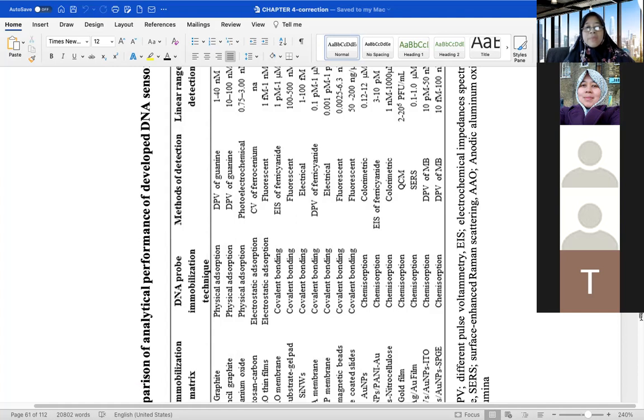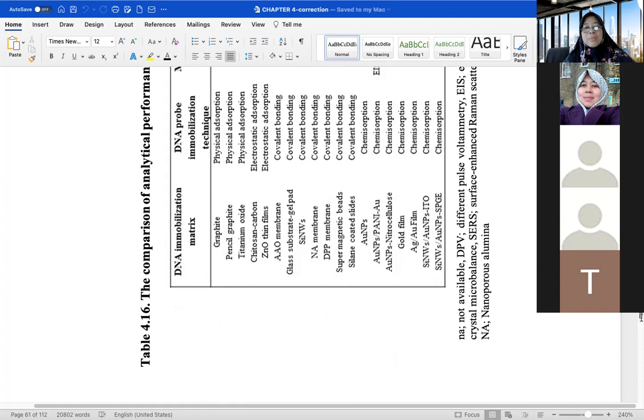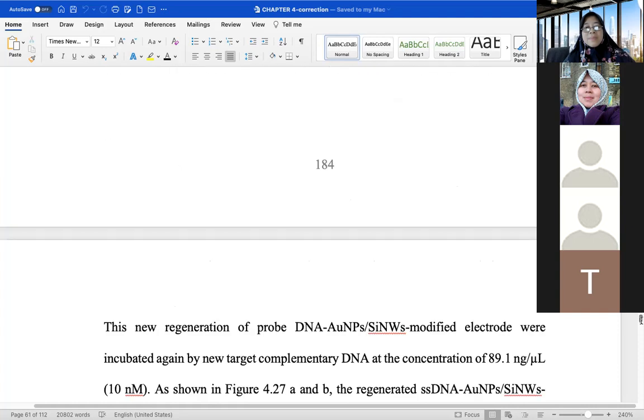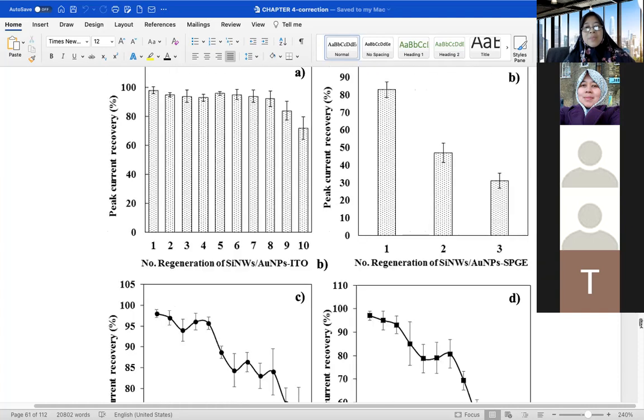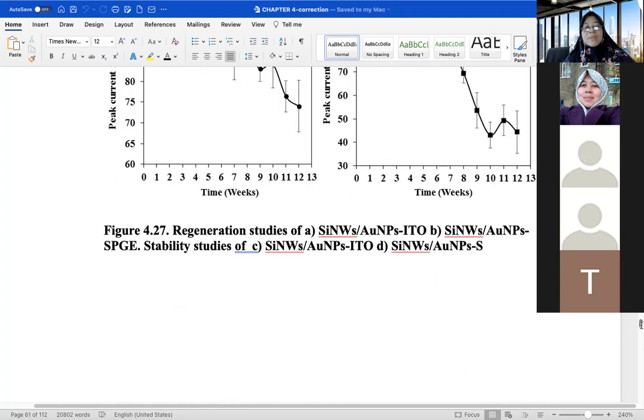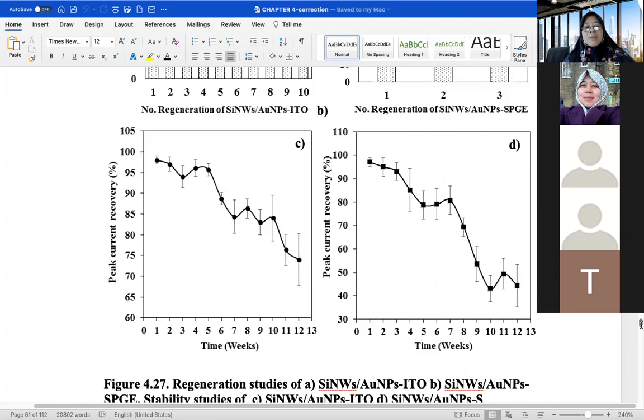Comparison of the important parameter that you find very interesting, and you want to compare it to many researchers who have done it but with different approaches. So you should table it. Because if you put everything in text, sometimes the reader can be very tired reading the text.